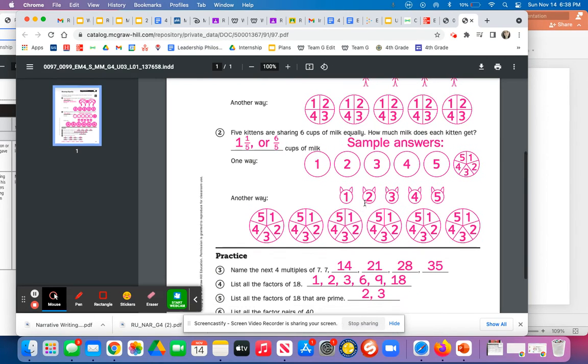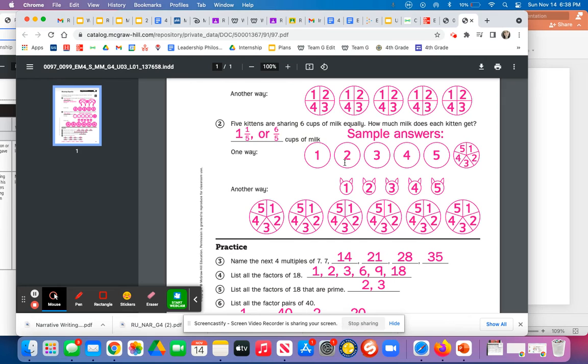All right, welcome back. So the first way, you could distribute the wholes and then divide the leftovers up by the number of groups. So again, we have our 5 kittens, and each kitten gets their very own cup of milk.